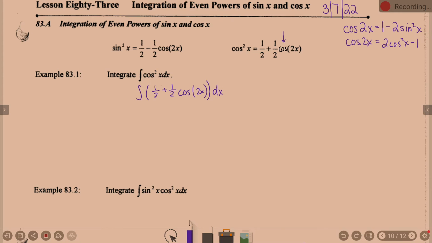Now, of course, since this is two pieces added, you may not feel the need to write this out, but technically this can be broken into two integrals, right? So this officially could be rewritten as the integral of 1/2 dx plus the integral of 1/2 cosine 2x dx. Whether you write it out as two separate ones or not is up to you.